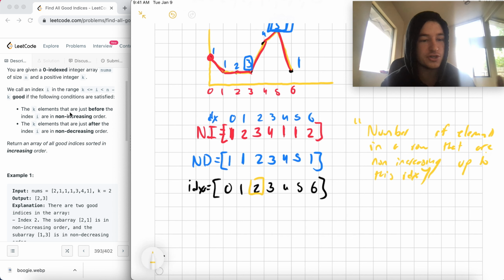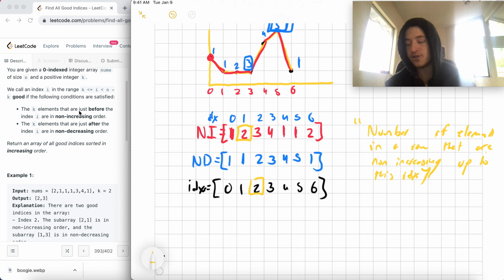The k elements that are just before index i are non-increasing. So I look at this and say, okay, is there at least k elements to the left of me that are non-increasing? And this would say yes, because there's 2. And I have to look at the k elements that are after i to see if they're non-decreasing. So k elements after i would be up to this point, and is there at least k elements that are non-decreasing in that direction? And yes, there's 4.